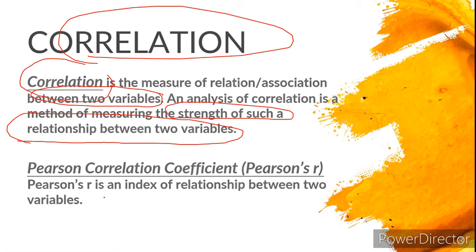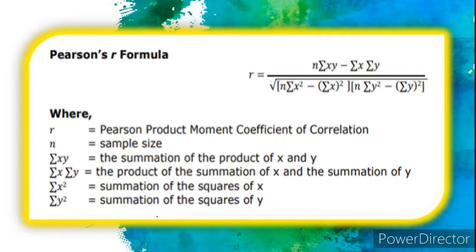R is the symbol for Pearson, PCC. R is an index of relationship between two variables. Dalawa lang yung variable natin, which is x and y, and there is a corresponding category on how is it the strength or the weaknesses of the two variables.